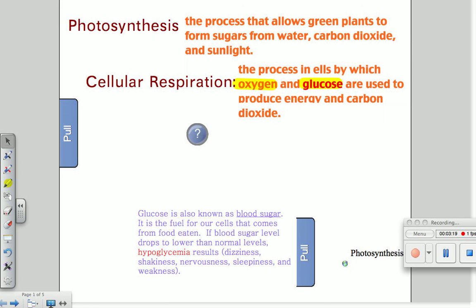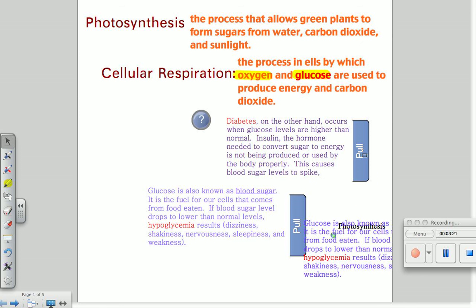And if we look at another one here, this is diabetes. And all this is tied in with cellular respiration and how our cells produce energy. Diabetes, if you read with me, says, on the other hand, occurs when glucose levels are really high. They're higher than normal. And our bodies produce a hormone called insulin.